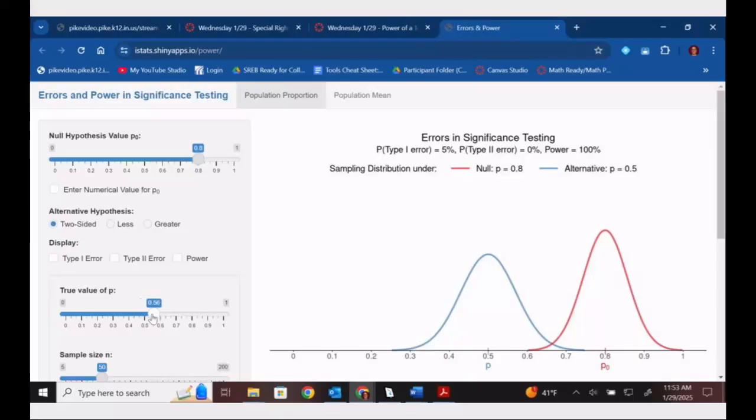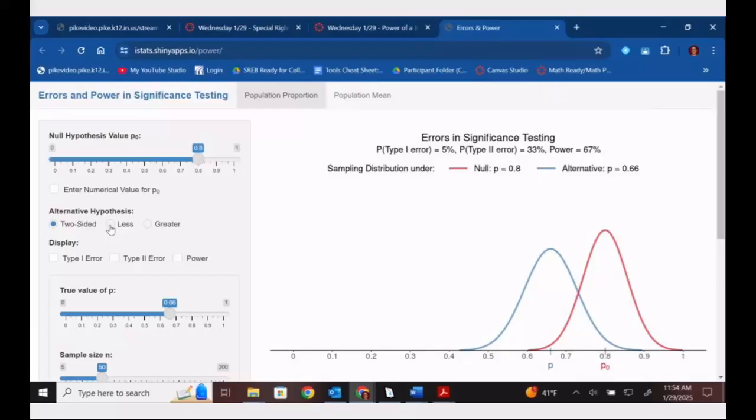Yeah, we're saying that it's 0.66, so I'm going to take this slider over to 0.66. Okay. Is our sample size okay? Is N okay? Yeah, because we said we're going to do a simple random sample of 50 free throws.